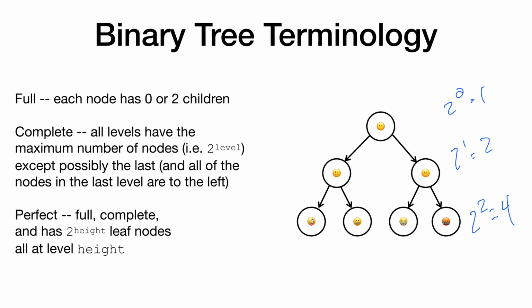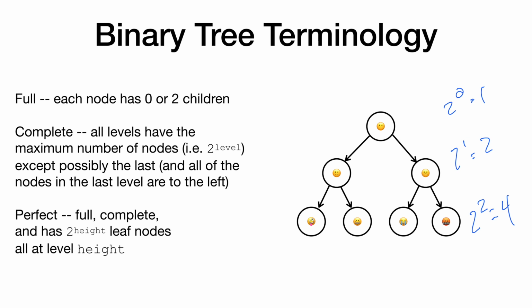And then a perfect tree. So this is again where the discrepancy in the way we calculate height in the last version of this video matters. A perfect tree is both full and complete, and all of its leaves are in that last level. So it has exactly 2 to the height of the tree leaf nodes.